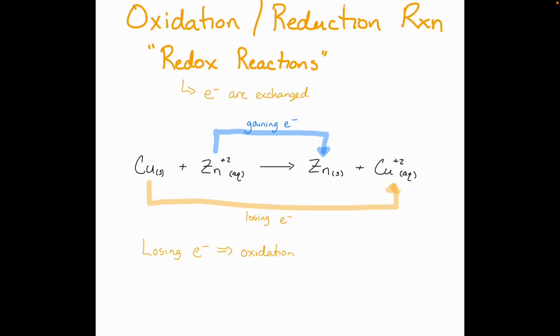And to remember that, we use this acronym: LEO. Losing electrons is oxidation. All right, so then the other thing, gaining electrons, that would be reduction.